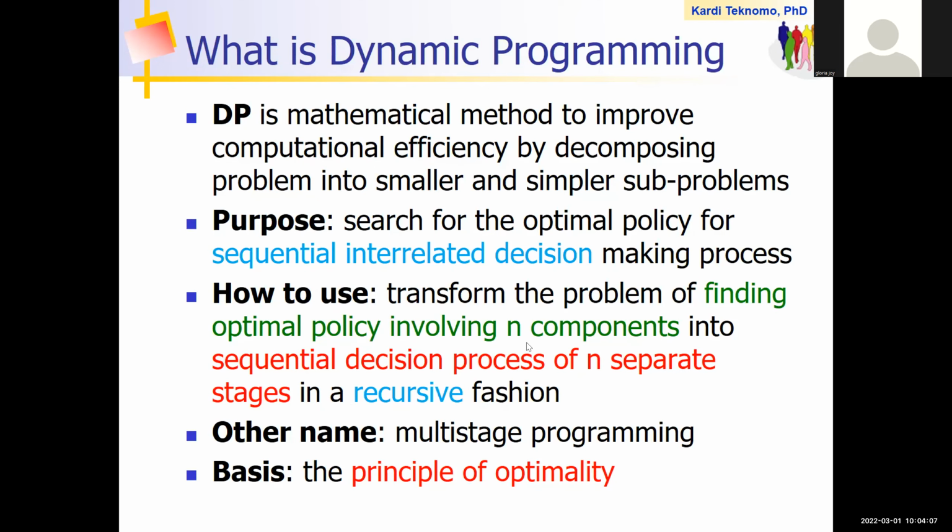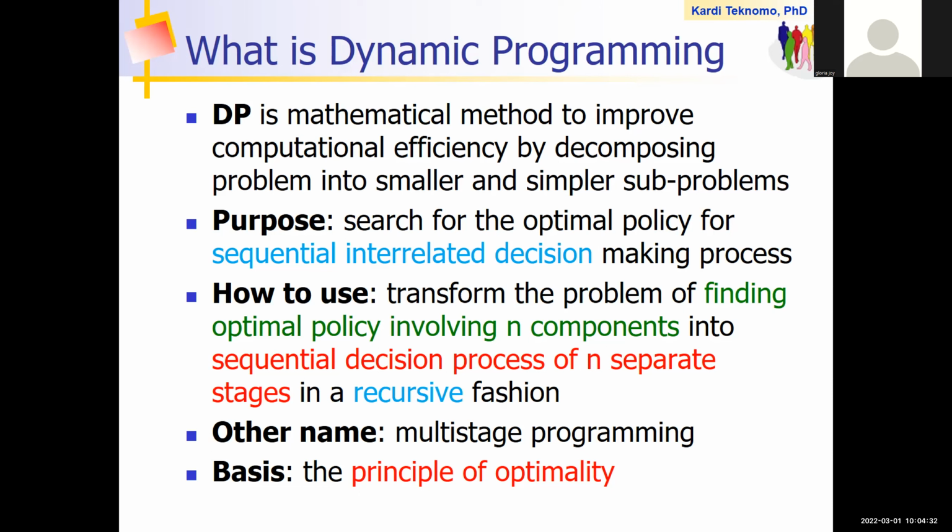Okay, so what is DP? DP was proposed by Bellman in the 1950s, yeah, 1940s. So DP is a mathematical method to improve the computational efficiency by decomposing the problem into smaller and simpler sub-problems.